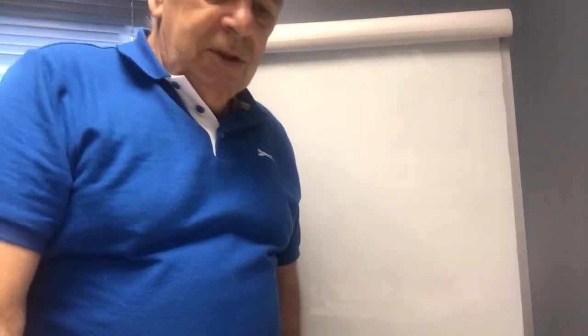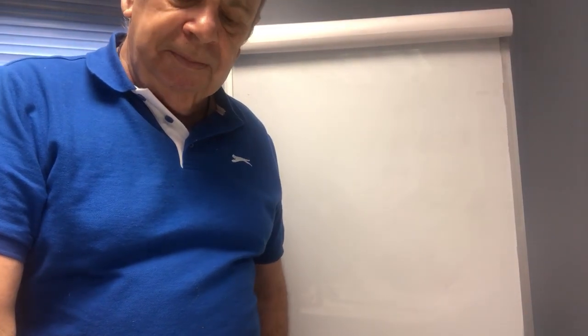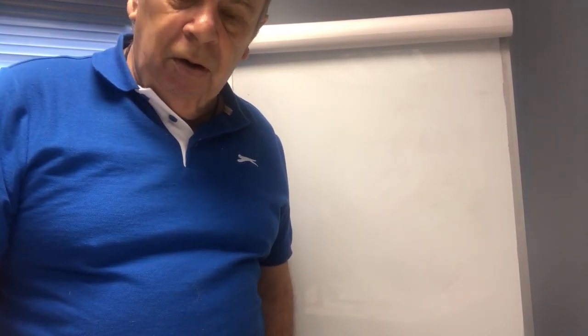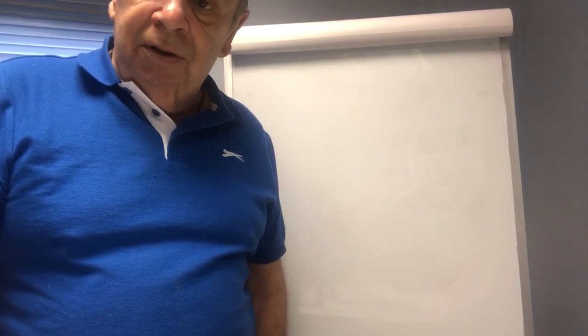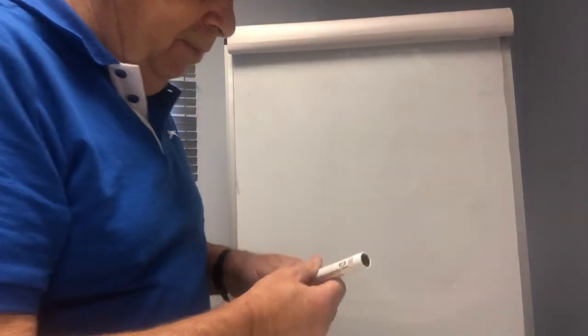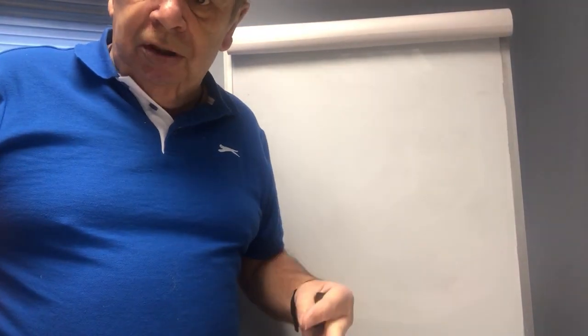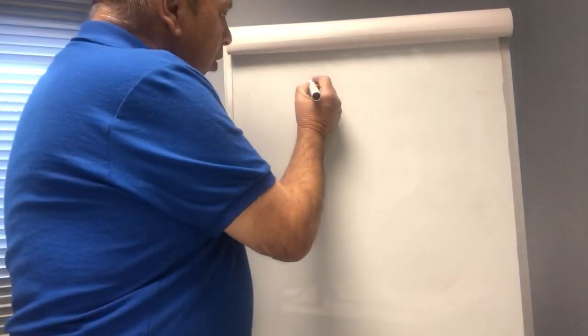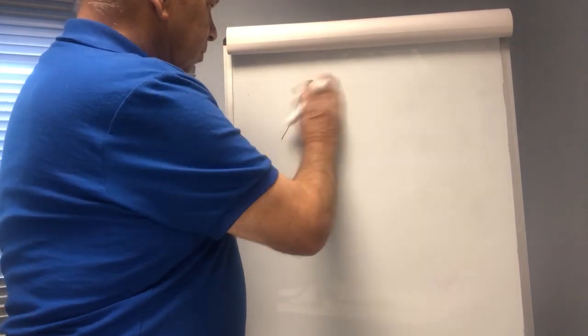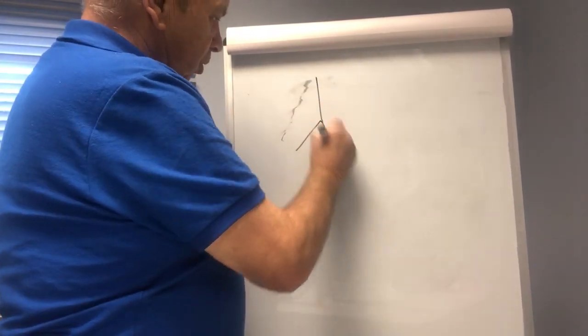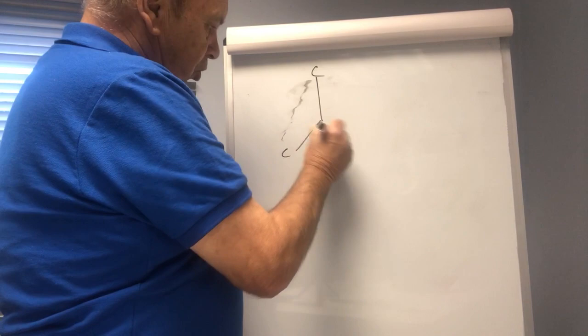I want now to look at carbon. In a previous video clip, I mentioned that carbon comes in three types. You get diamond, graphite, and amorphous carbon. Let's quickly go over that again. Diamond is a giant structure consisting of carbon joined in tetrahedral structures.